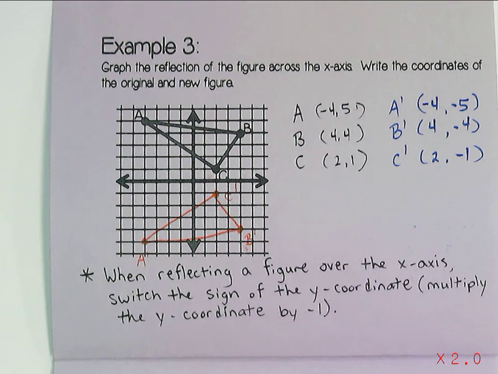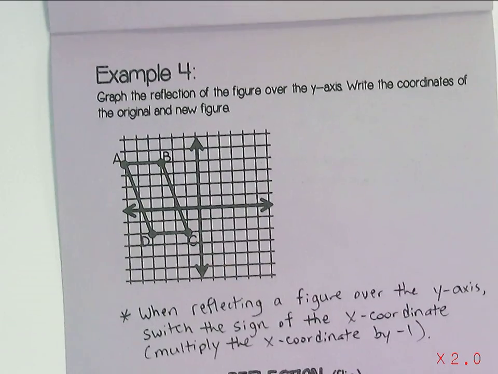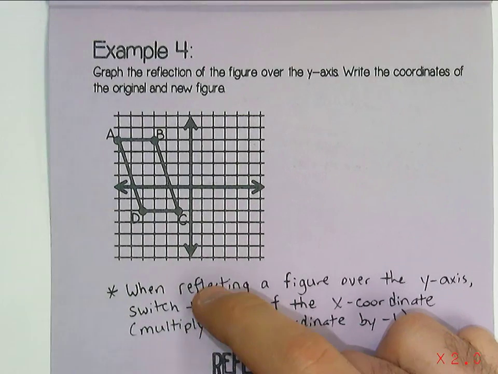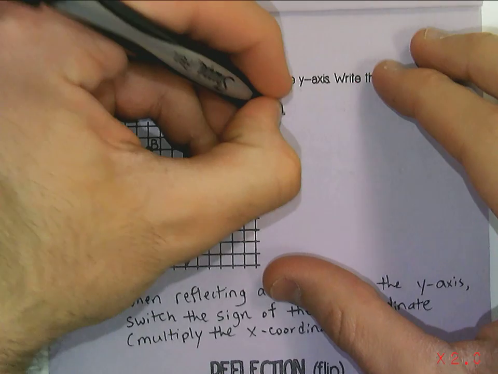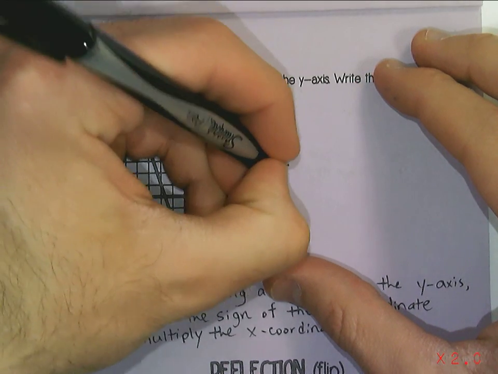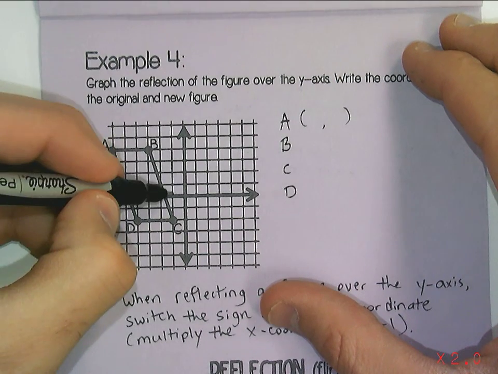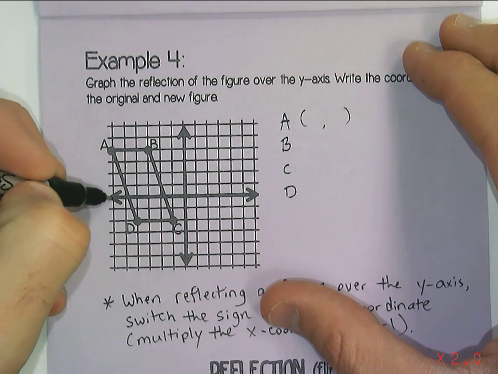So let's take a look at one that is flipped over the y-axis. A little bit different rules here. It says graph the reflection of the figure over the y-axis. Write the coordinates of the original and new figure. So again, let's write A, B, C, and D. Point A is 1, 2, 3, 4, 5, 6.